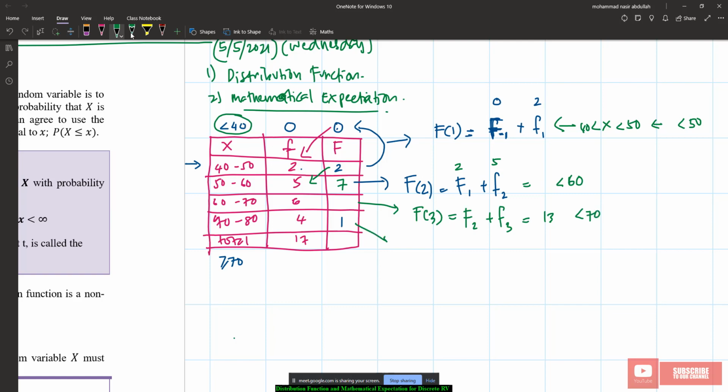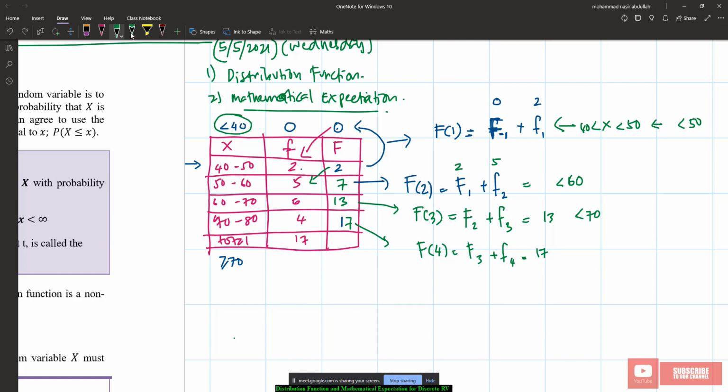And the last one: the cumulative frequency number 4 is the cumulative frequency number 3, which is 13, plus the frequency of number 4. So 13 plus 4 equals 17. So this one should be equal to 17.